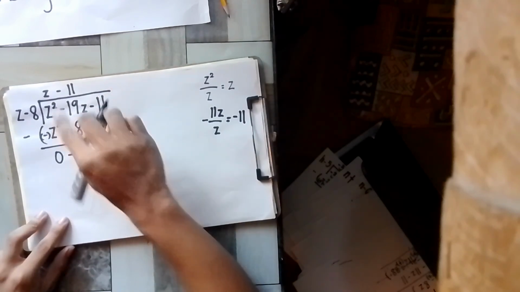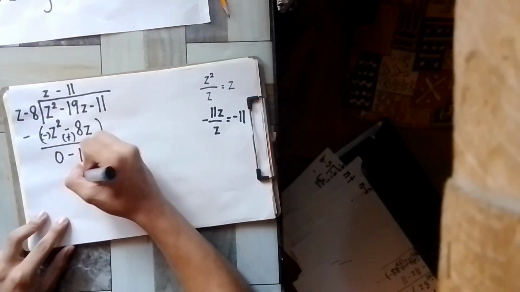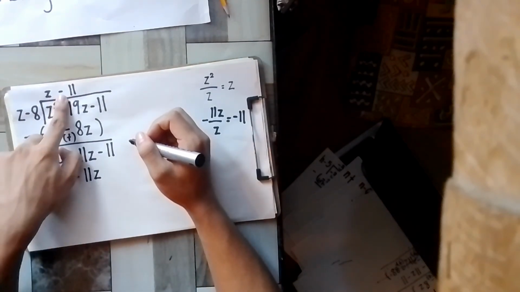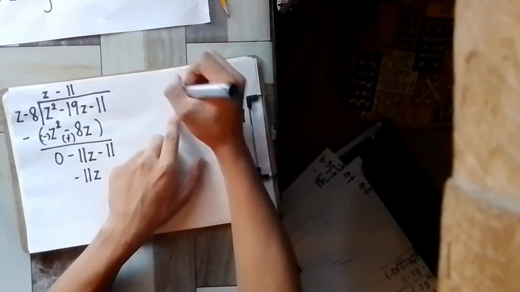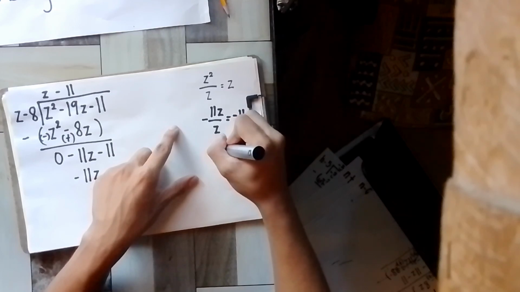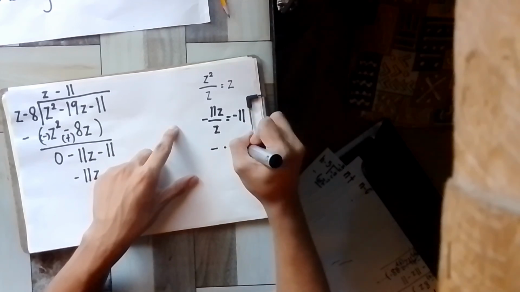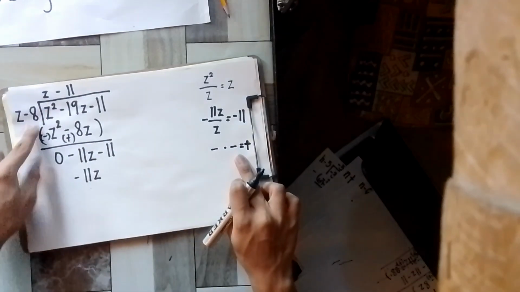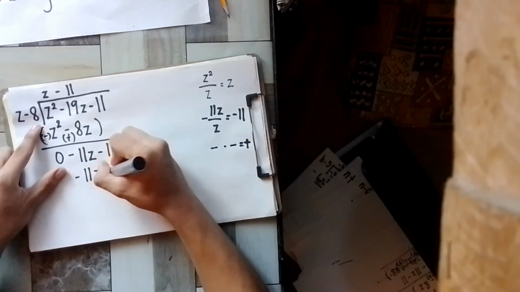Negative 11 times z is negative 11z. Next, we multiply negative 11 times negative 8. But always remember, in the rule of multiplication, negative times negative will always be positive. Therefore, the answer will be positive 88.